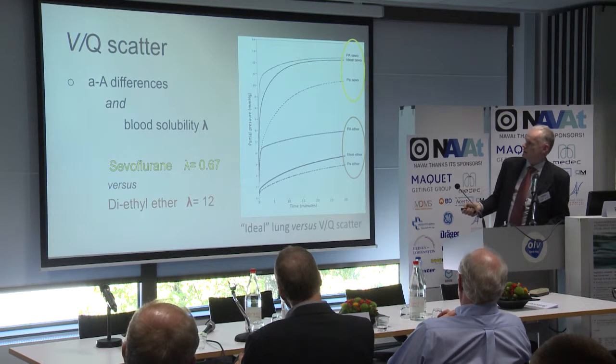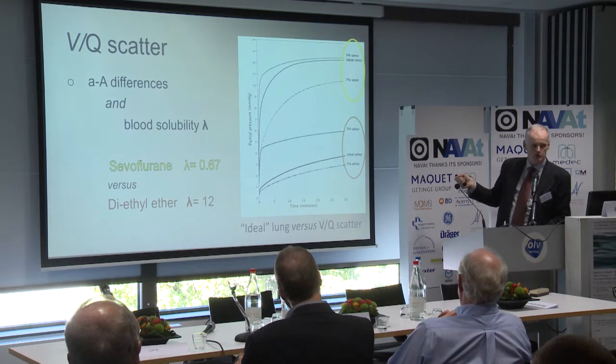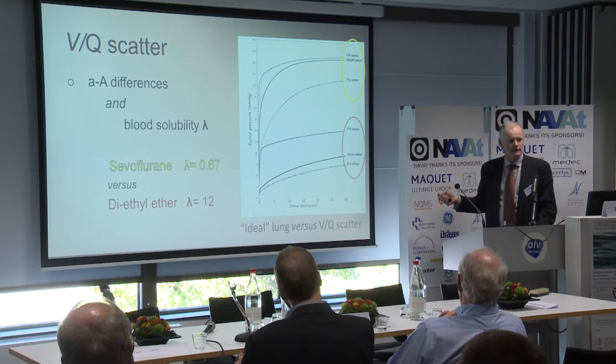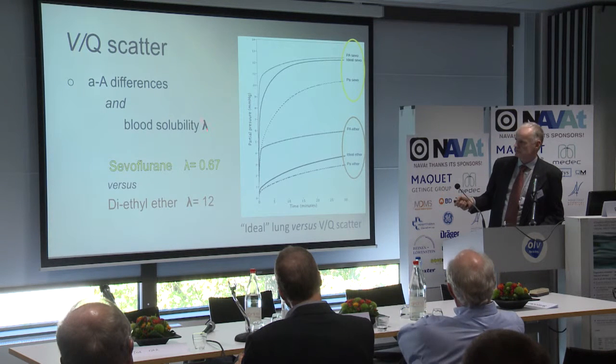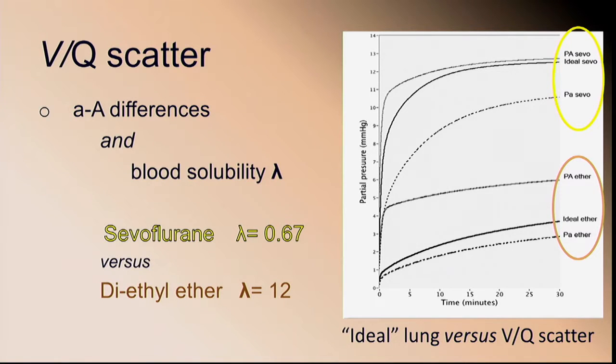I've modelled here the rate of rise of sevoflurane partial pressure and ether. I chose ether because it's much more soluble, obviously. It's got a partition coefficient of 12 as opposed to sevoflurane, which is 0.7. But they both have a MAC of 2%.